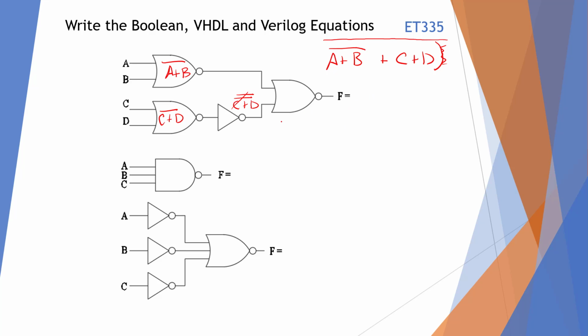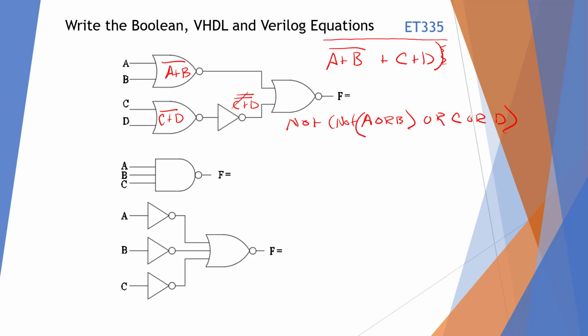And our VHDL is going to be not A or B, and then it's going to be C or D, parentheses.